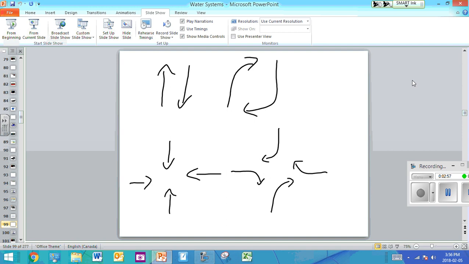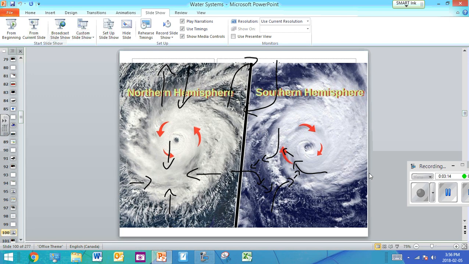You can see that this is going to create a spinning effect, which creates that familiar circular pattern you see in hurricanes. And we come back to this, you can see that the movements are in different directions in the different hemispheres.